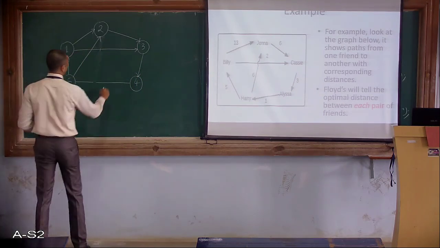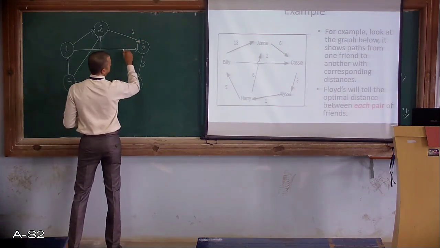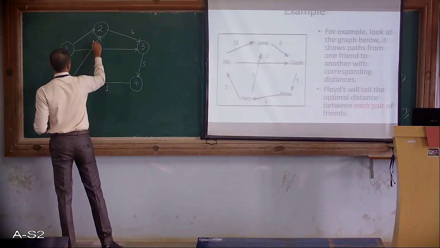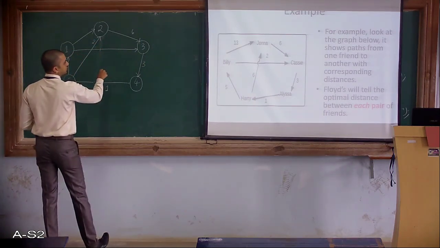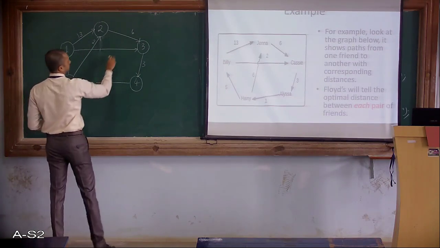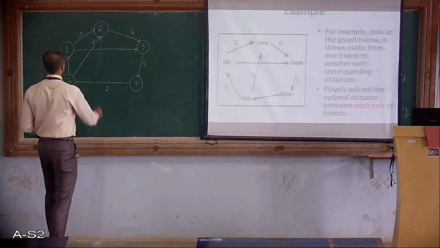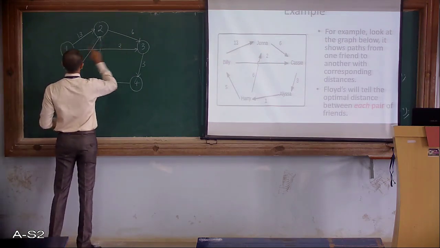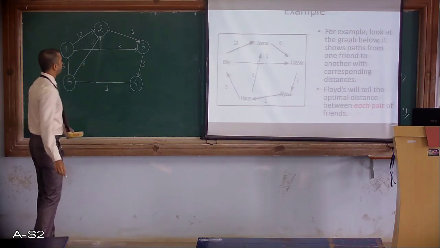Okay, write the costs over here. 1, 3, 6. Then this is 2. This is 2. Then this is 13. This is 5. And I think one more is left. This is 6. This is 2. 1 to 3 is 2 and 5 to 2 is 6.